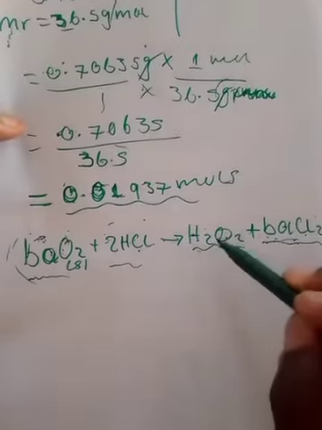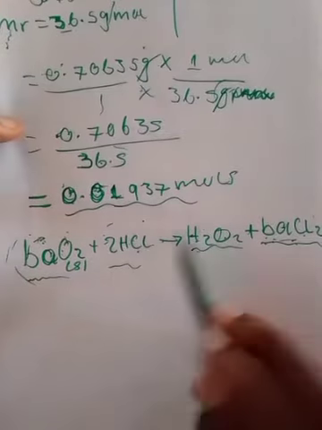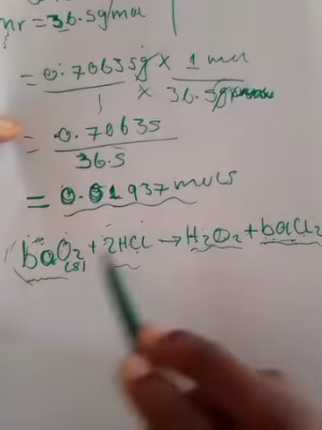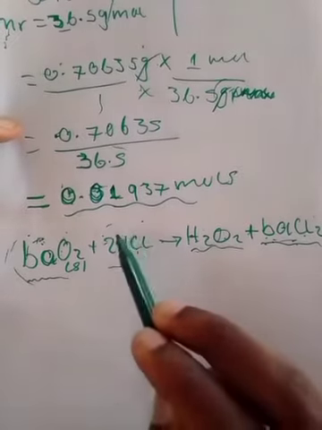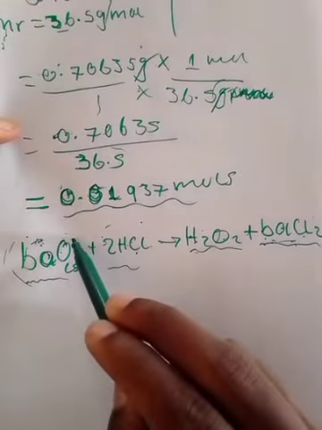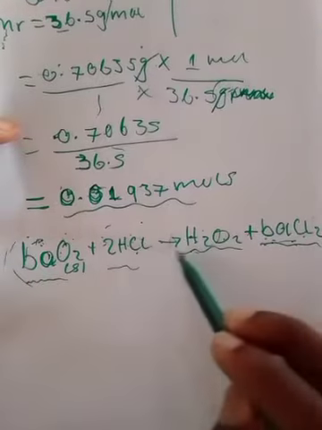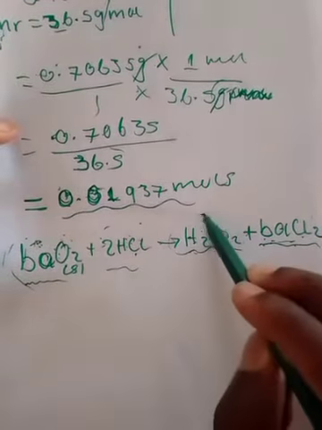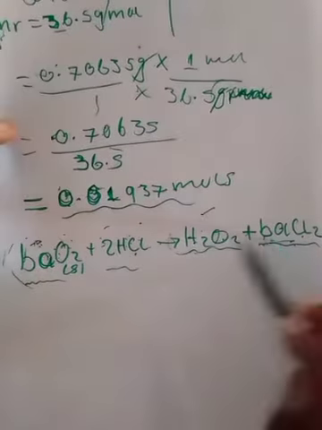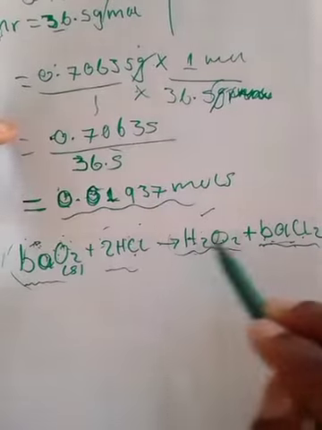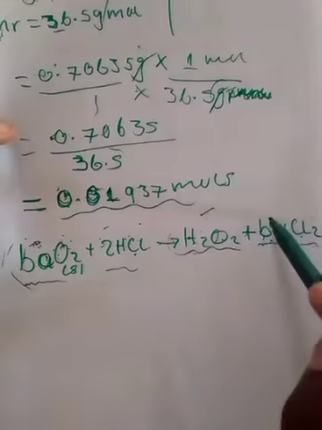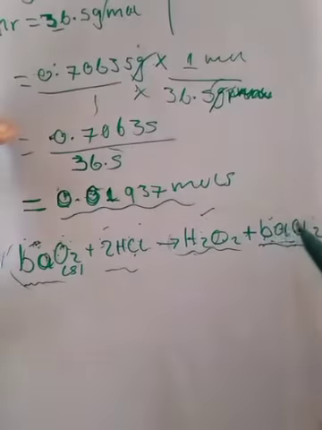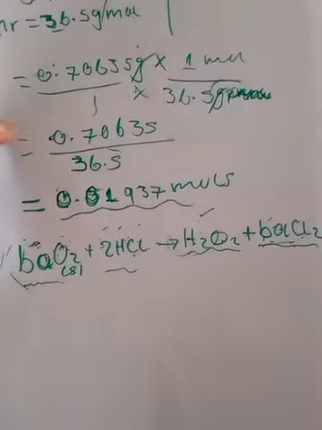So be careful when you're picking the product. You need to pick the product that has the elements that are found in both reactants. In our case, this one here has hydrogen that is found here and oxygen that is found in this one here, so you can pick this one. Even this one here has barium that is found in this reactant and chlorine that is found in this reactant.